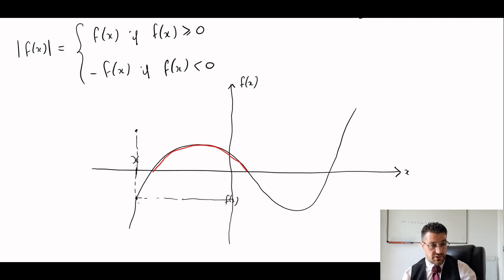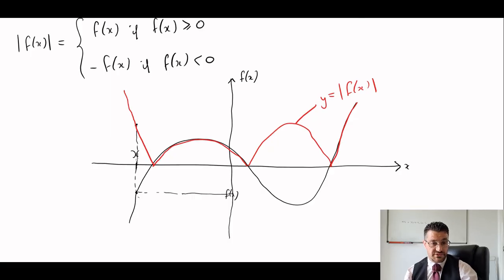These bits above, on and above the x-axis. But the bits below the x-axis are going to be reflected in the x-axis. I'll do it the best that I can. So this red graph here is y equals the modulus of f of x.